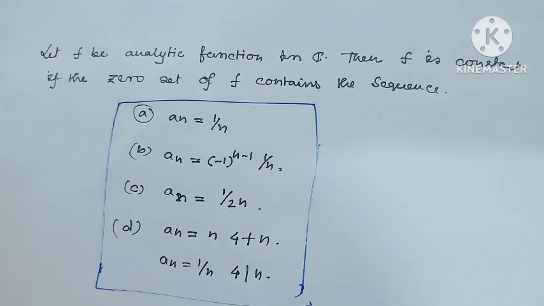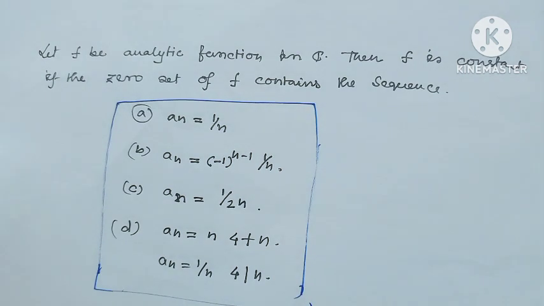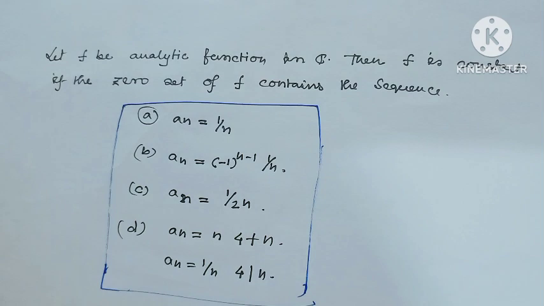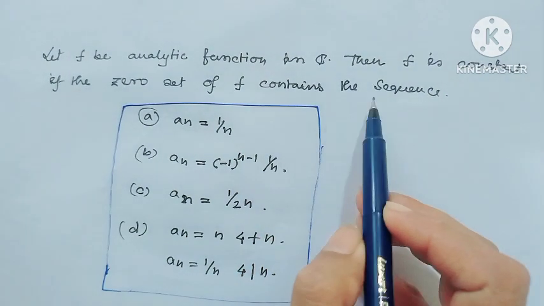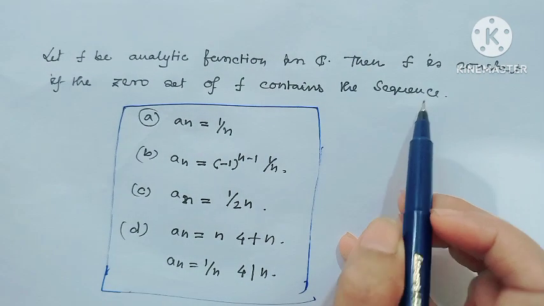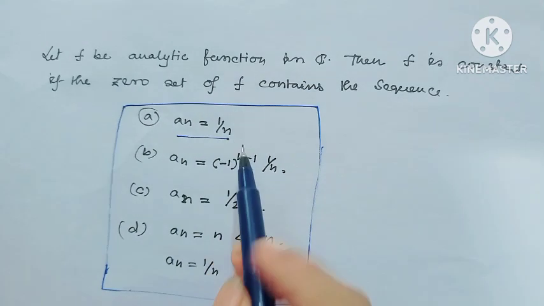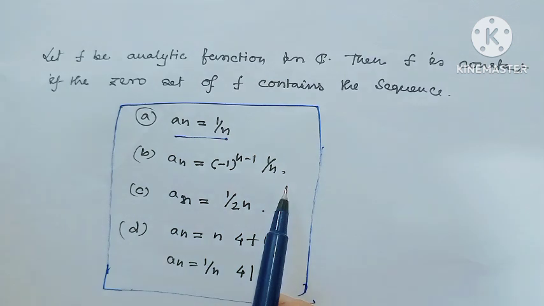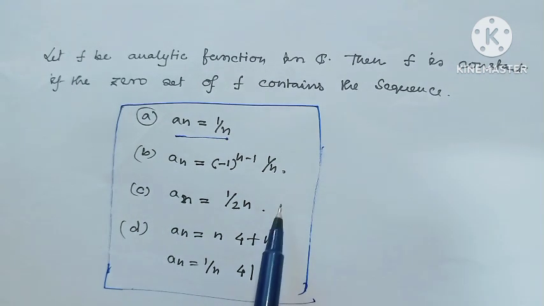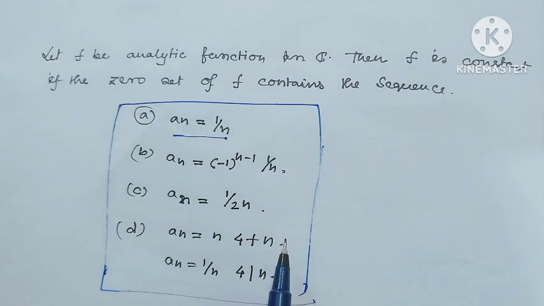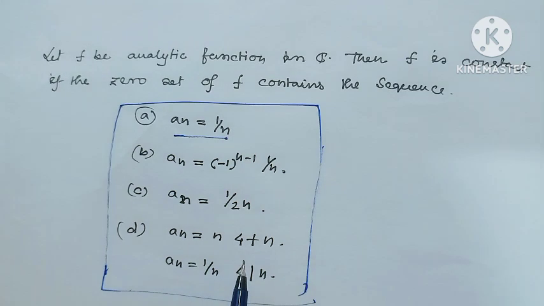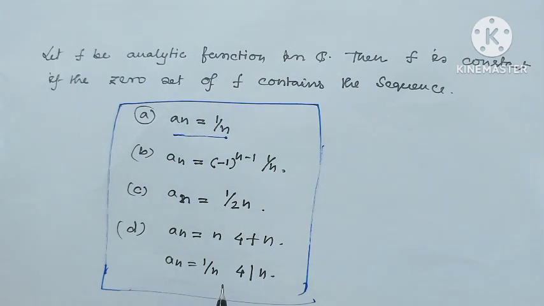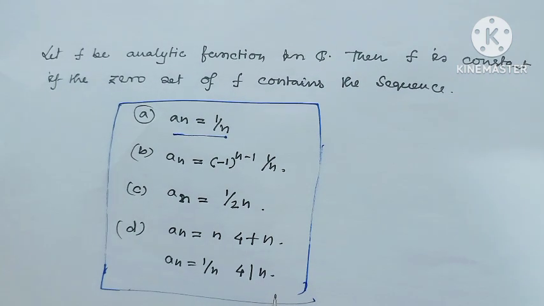First question. Let f be an analytic function on the complex plane C. Then f is constant if the zero set of f contains the sequence: A, a_n equal to 1 over n; B, a_n equal to (-1) to the power n-1 times 1 over n; C, a_n equal to 1 over 2n; D, a_n equal to n when 4 does not divide n, and a_n equal to 1 over n when 4 divides n.